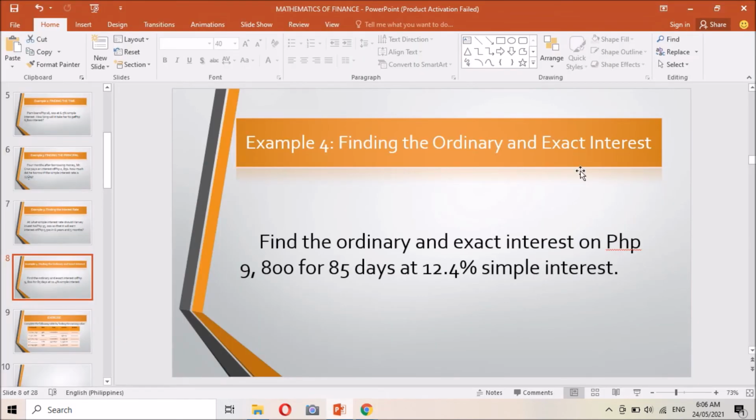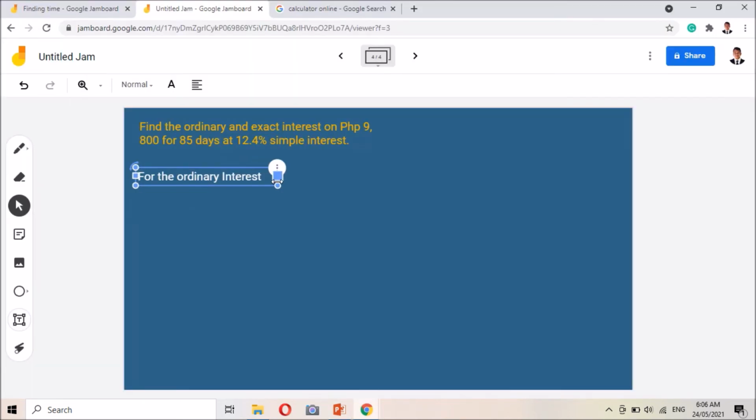In finding the ordinary and exact interest, for ordinary interest we will use 360 days, or simply we multiply 12 months times 30. We simply multiply 12 times 30 because in 1 month we assume an average of 30 days, and that will give us 360 days.